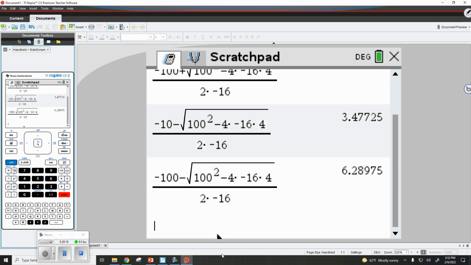Okay, anybody need elaboration on the quadratic formula? Would anybody like to see the general formula? Okay, we'll go ahead and write that out.